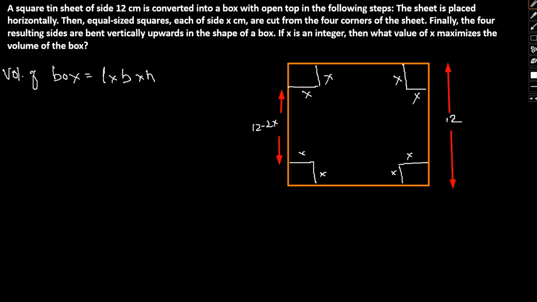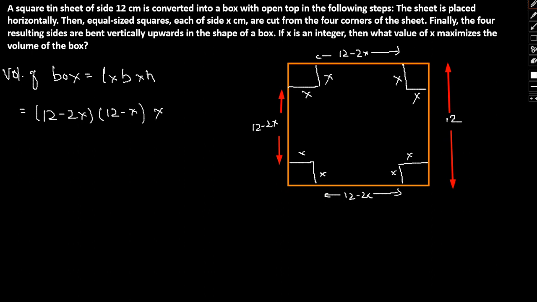Length is 12 minus twice x, breadth is again 12 minus twice x because it's a square, and height, since it has been folded up, will be x.